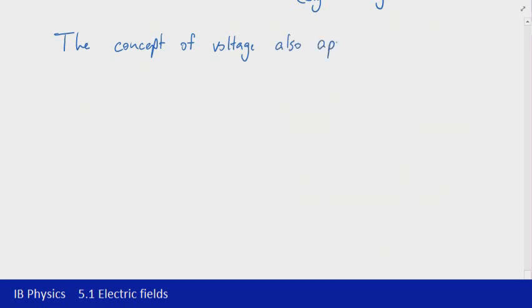It's really just a matter of moving charges through electric fields, and so given that with electrostatics we have electric fields surrounding charges, then we can move charges through those electric fields. So for example, let's imagine that we have a charge positioned here, we'll call it capital Q, and it's positive. So we know that the field lines around that charge are going to be directed away from it.